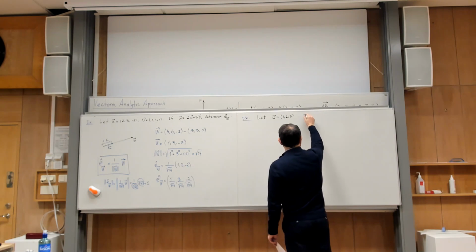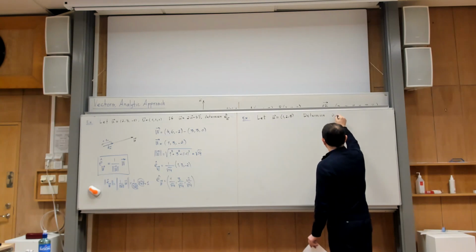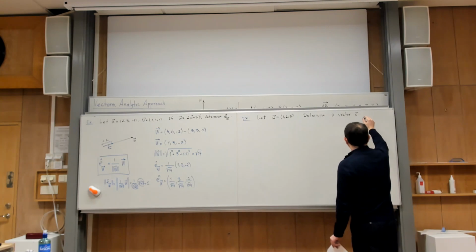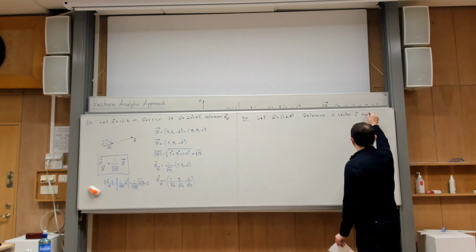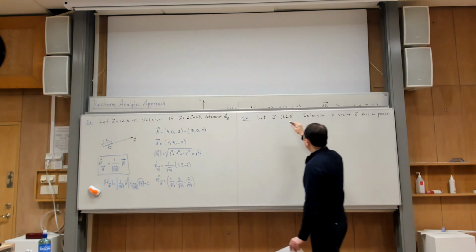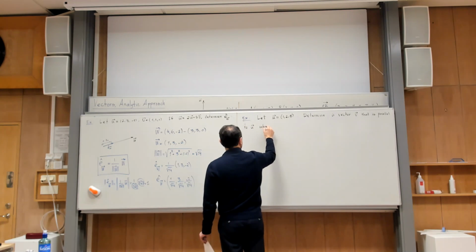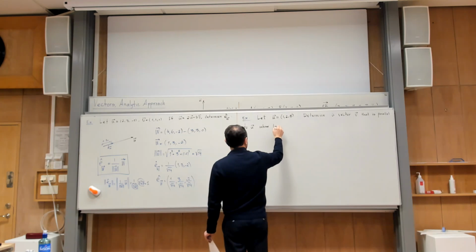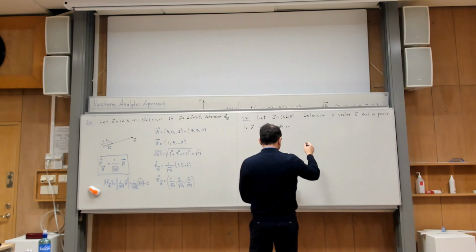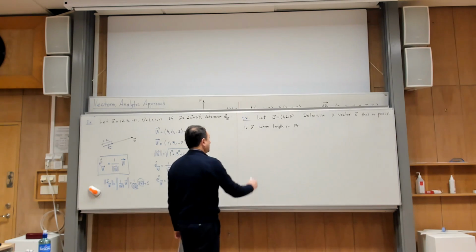Determine a vector v that is parallel to u, whose length is 15.